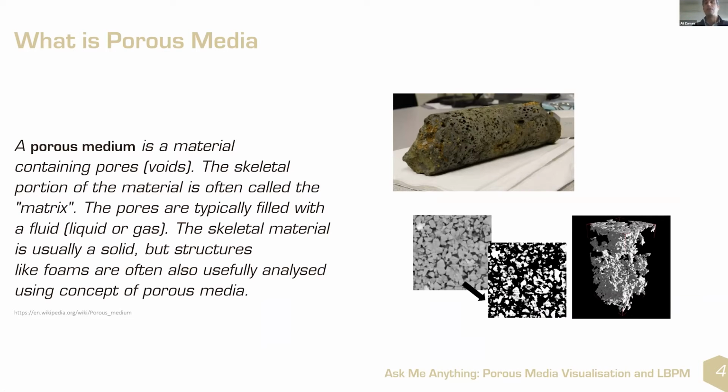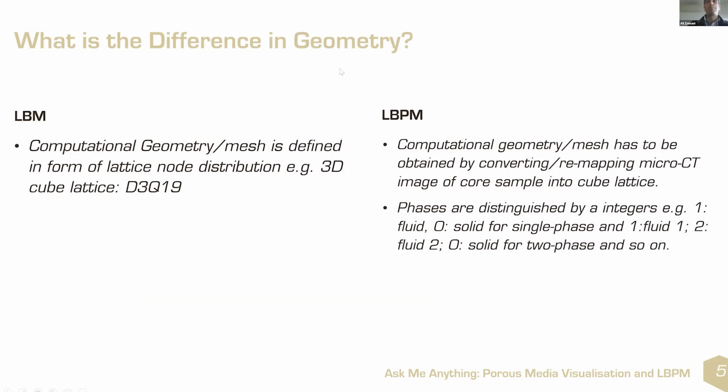How does it flow inside the pores, the porous channels and canals? Maybe Basha would be the best person to talk about the key differences in geometry. If you can jump in, Basha, please.